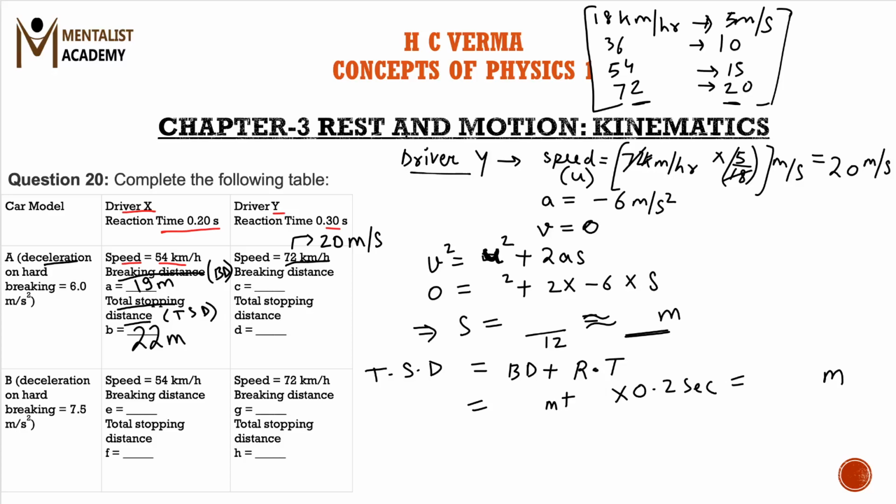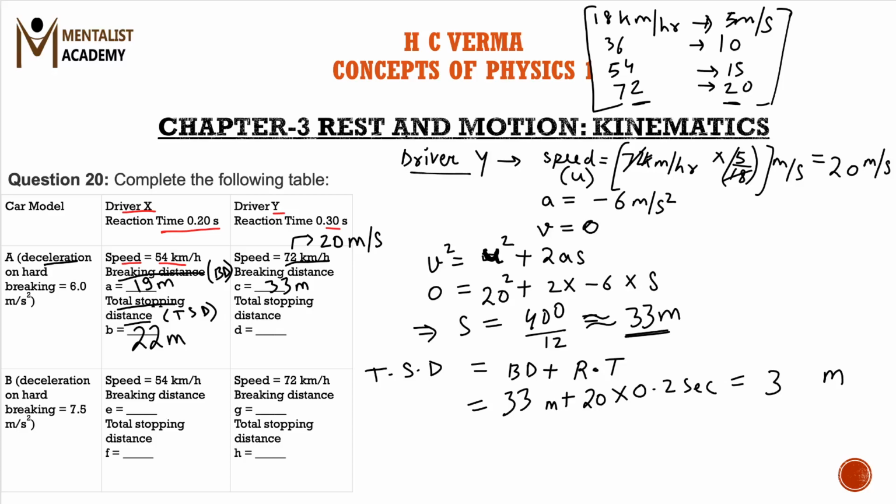So this would be 20 square. The distance would be 400 divided by 12, which is approximately 33 meters. The braking distance would come out to be 33 meters and the total stopping distance would be 33 meters plus 20 into 0.2, which would be 4.